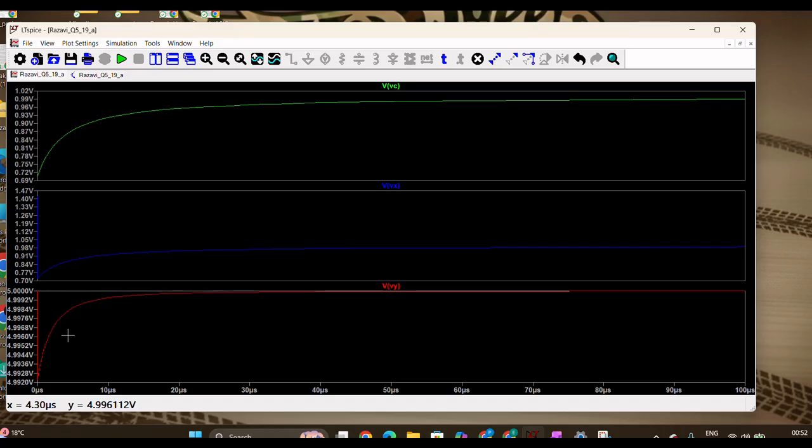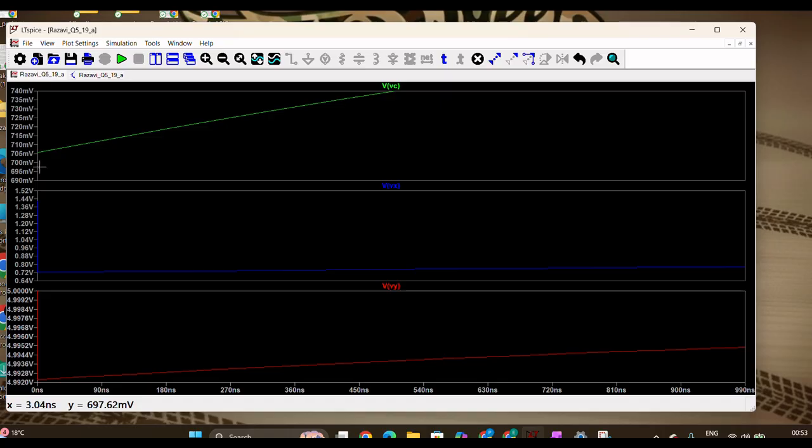Okay, so let's see our results. We can see that this simulation is running for 100 microsecond, and there is some fixed potential drop here. Actually, there is a sudden rise in the potential of VC, which is around 0.7 volt, and the same for Vx, where there is a rise of 720 millivolts, and there is a difference between VC and Vx of 20 millivolt.